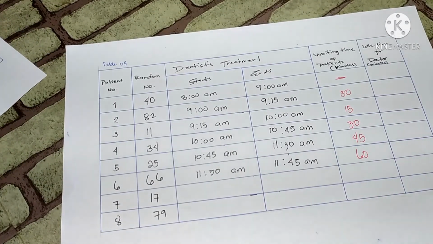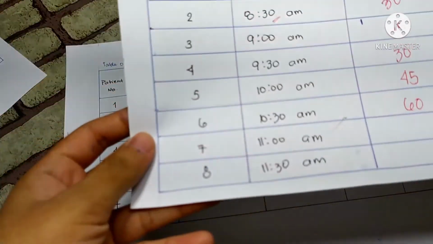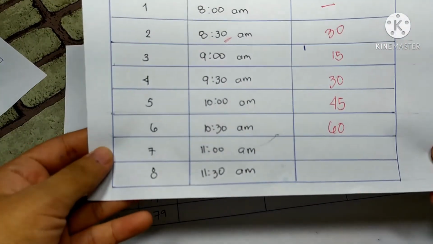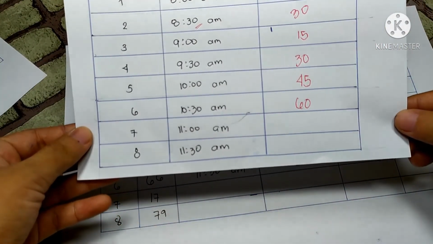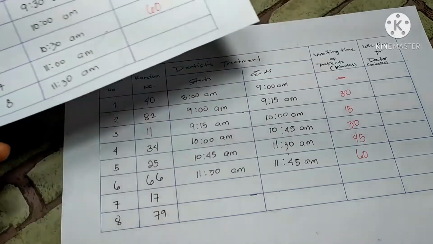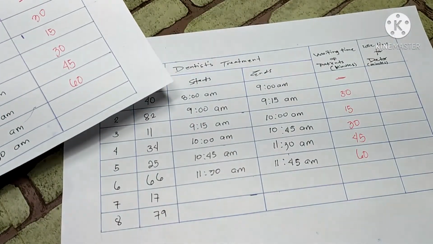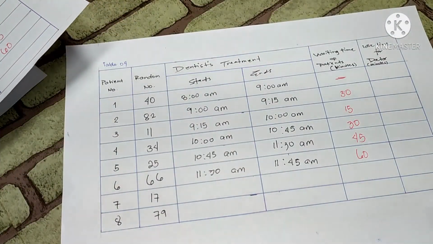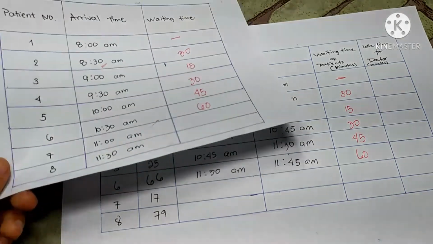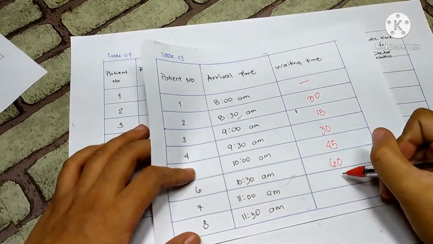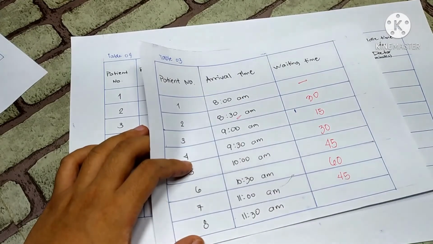Si patient 7 naman, ang arrival time niya, 11 a.m. Matatapos si patient number 6 at 11:45. So, may 45 minutes waiting time si patient number 7.